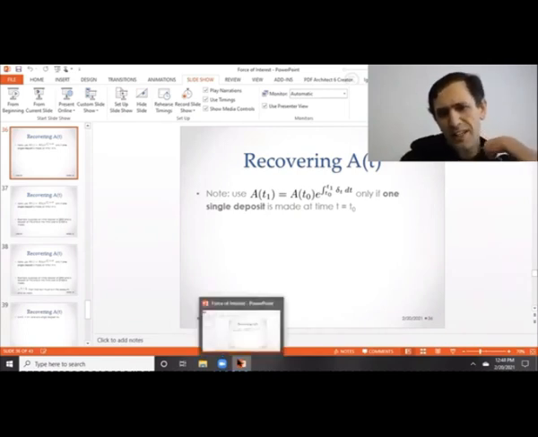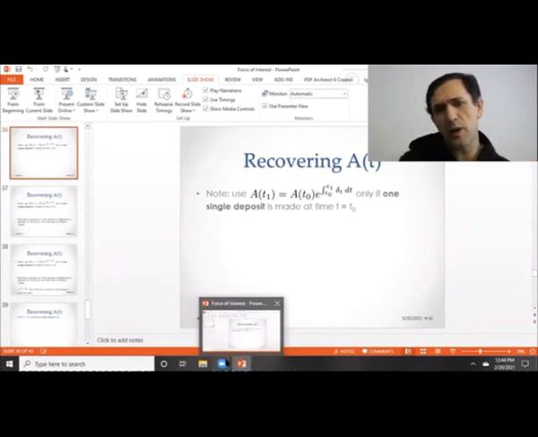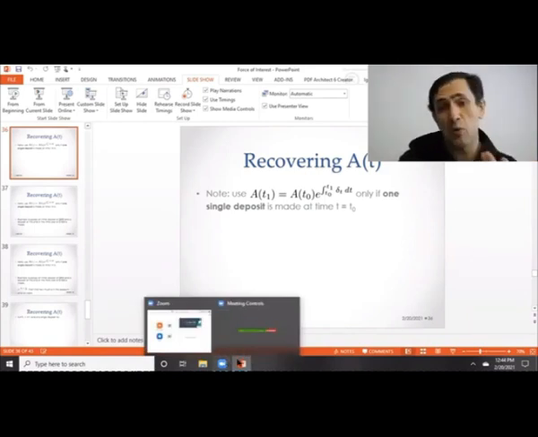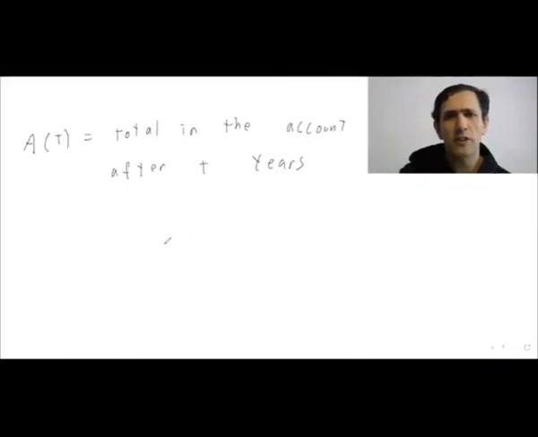Okay, so as I said, conceptually it might be a little confusing, but if what I said makes sense, then it's definitely more efficient. I can't deny that doing it this way is more efficient. So A of 3 after 3 years.